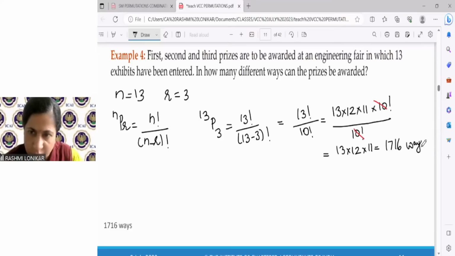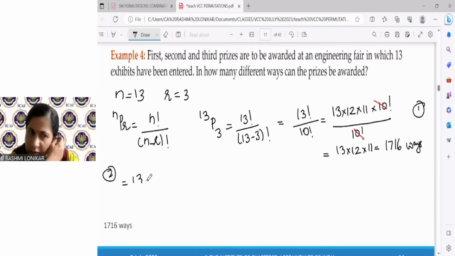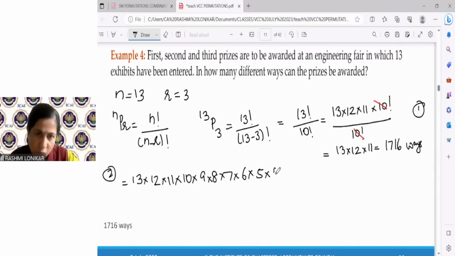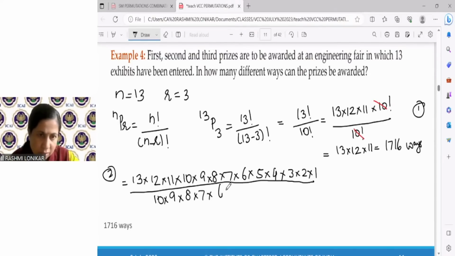This is one way of doing it. The second way is to write this as 13 into 12 into 11 into 10 into 9 into 8, 7, 6, 5, 4, 3, 2, and 1, upon 10 factorial, which is 10 into 9 into 8 into 7, 6, 5, 4, 3, 2, 1.